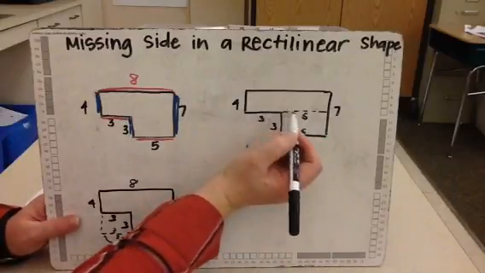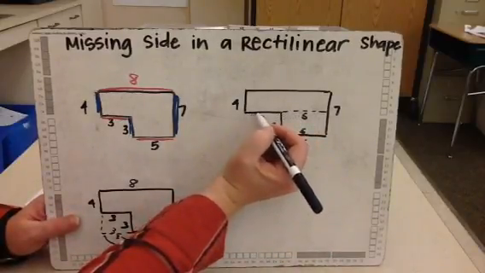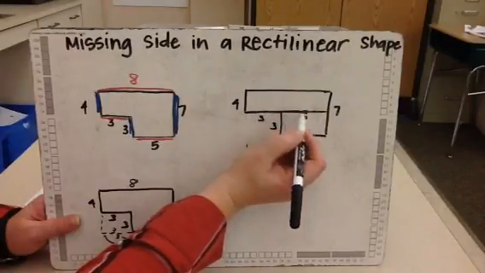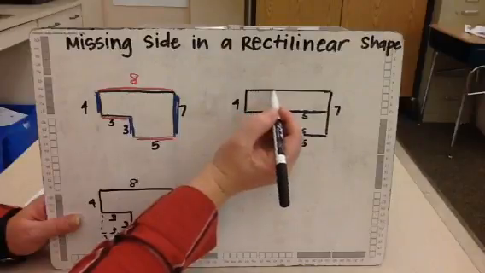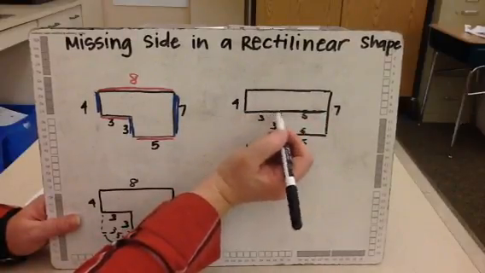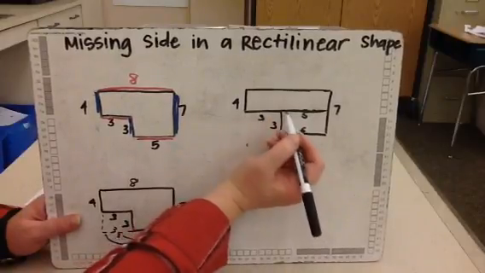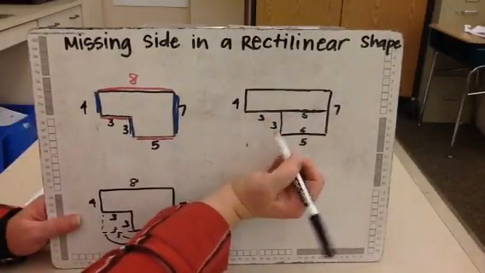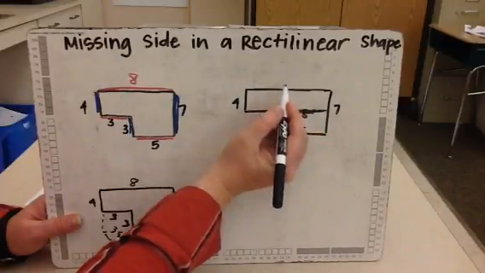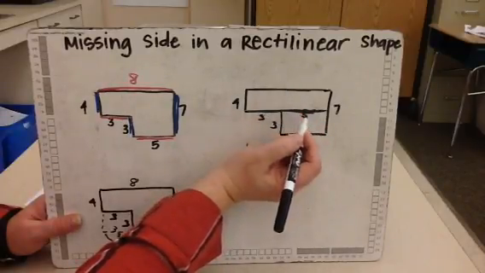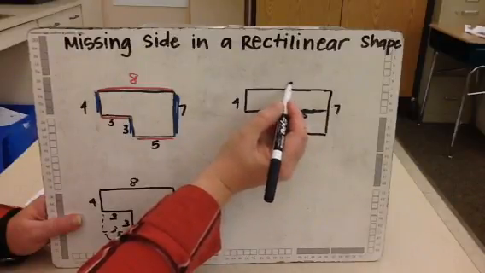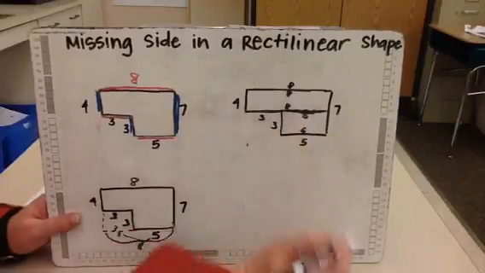And then this again is me pretending that this is actually a side. That means this whole side would be equal to this whole side. So let me find the length of this whole side. This whole side is this small part plus this small part put together. So 3 plus 5 would equal this whole side. So 3 plus 5 gives me 8 on the inside, 8 here, or 8 here, because opposites are equal.